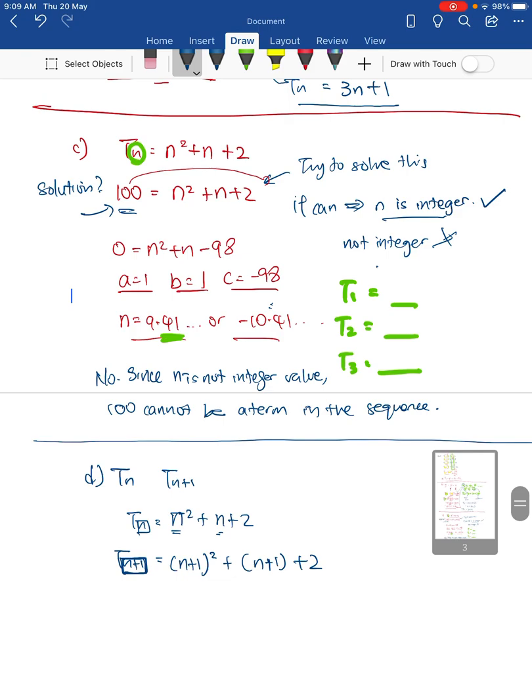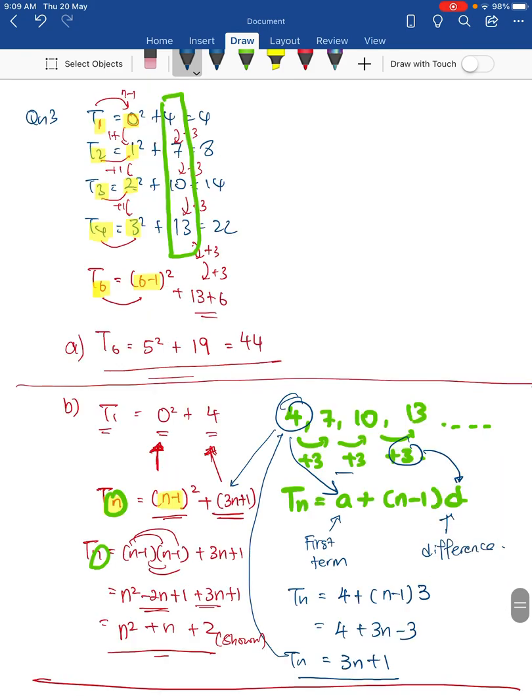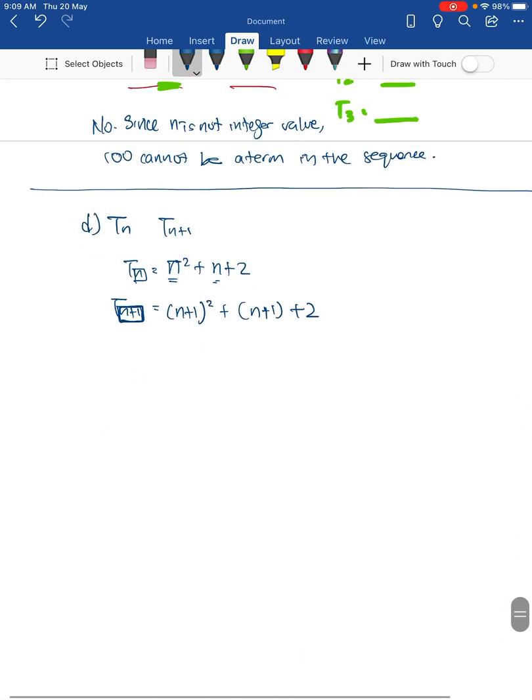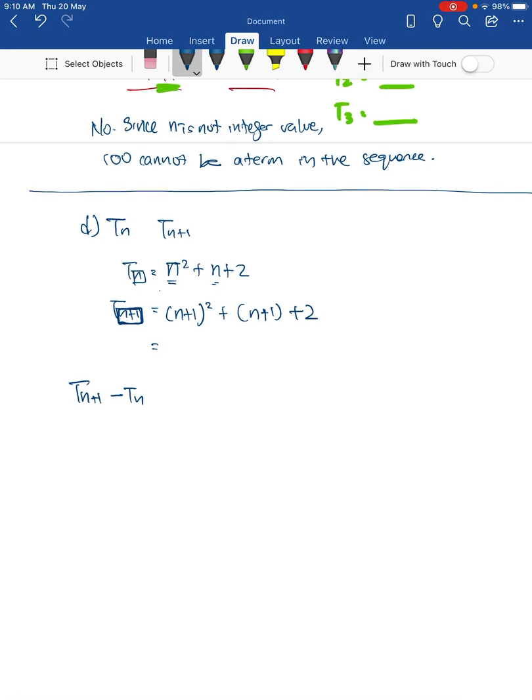Why is that so? Because when it's, okay, sorry, let me just bring it back. So how do you do that over here? All we need to do is expand, because we want to find Tn plus 1 minus away Tn. So we try to find these two values first.